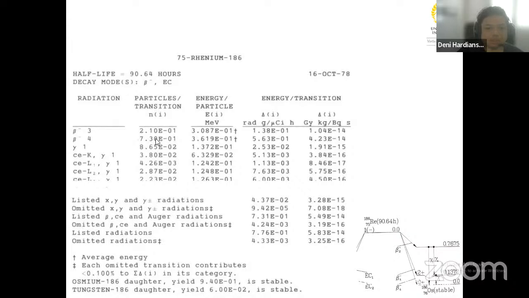So this is basically showing the probability of each of the radiation. And then the energy per particle, so we can also get the energy, in units of mega electron volts, for each mode of decay. And then we can also calculate the other products.